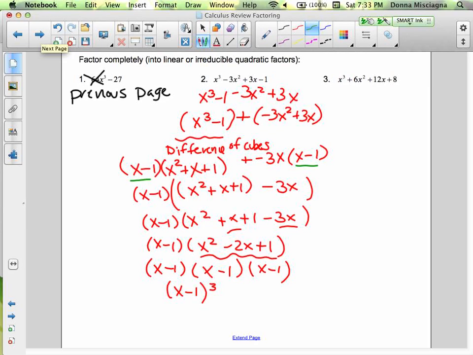I'll go over Pascal's triangle at a later date. But the coefficients here, the 1, 3, 3, 1, come off of Pascal's triangle. Notice that we're alternating negatives, because our binomial is negative.